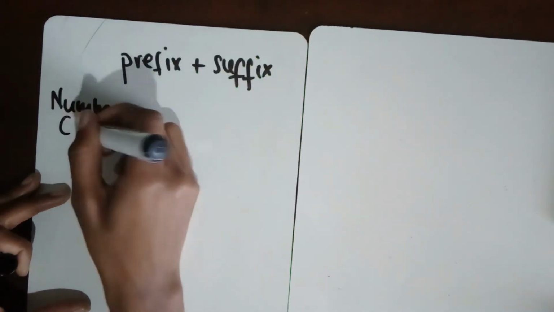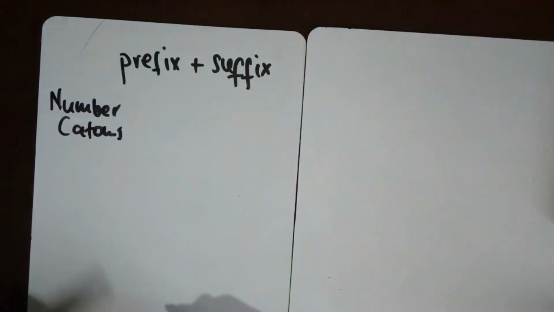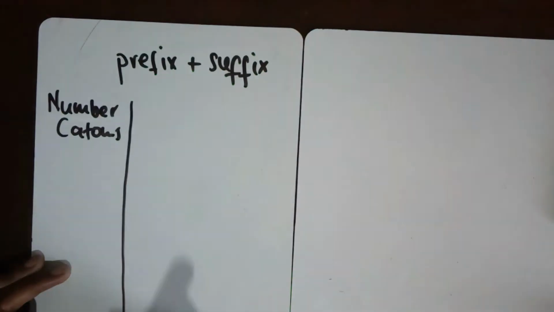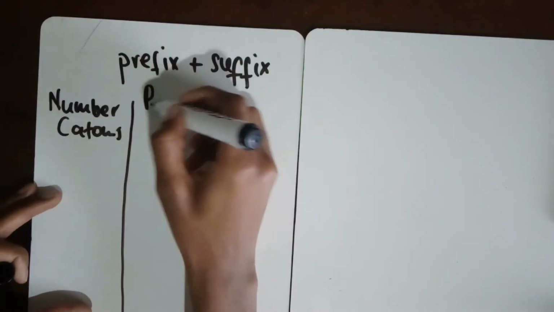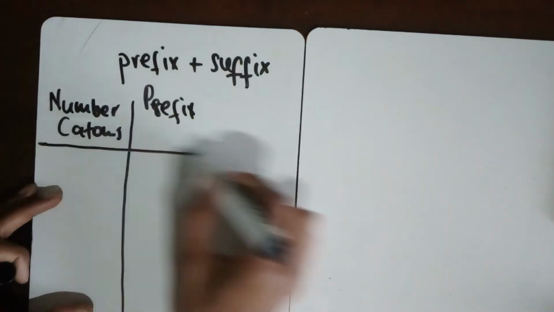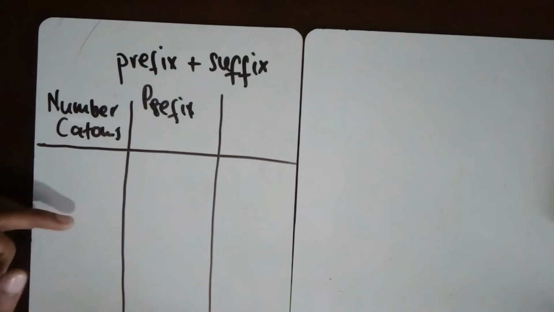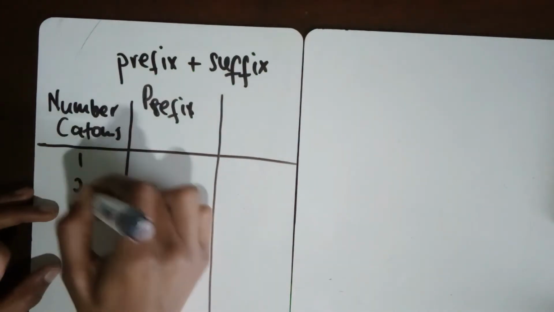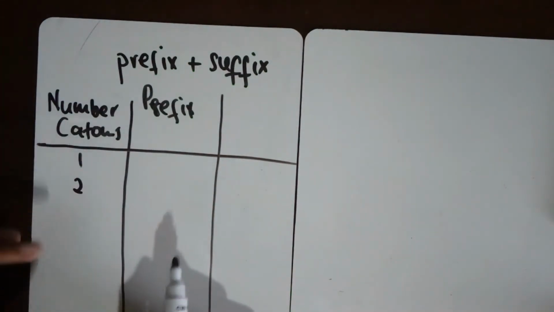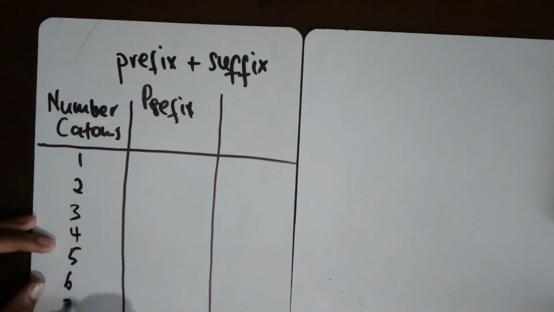the number of carbon atoms in the main chain. Here we'll write the prefix, and I'm sure you're already familiar with this. We'll only go up to about eight carbon atoms in the main chain: 1, 2, 3, 4, 5, 6, 7, 8.